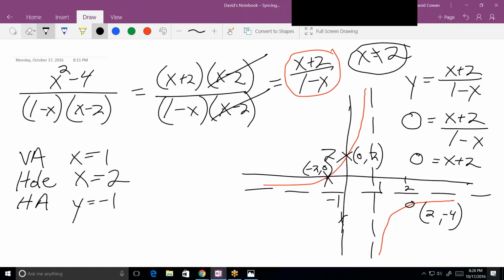If you were to graph this original function in your calculator, it's not going to show you the hole. You know why? Because that hole is infinitesimally small. It is only when x is equal to exactly 2.